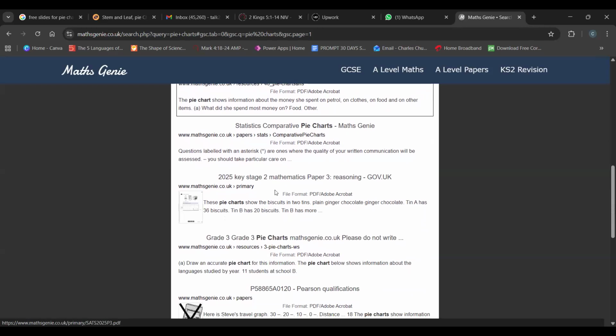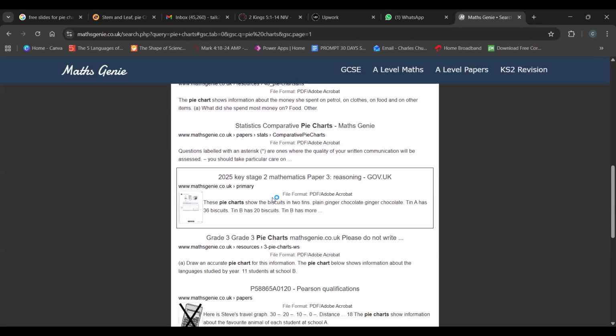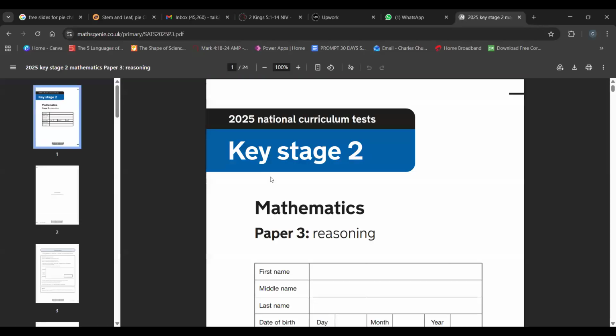I think it's this one. Key Stage 2. But they are mostly reasoning questions. I think it's trying to load. Taking a while though.